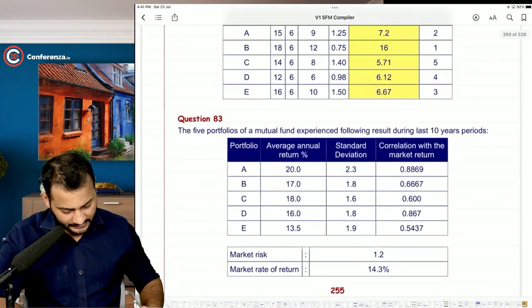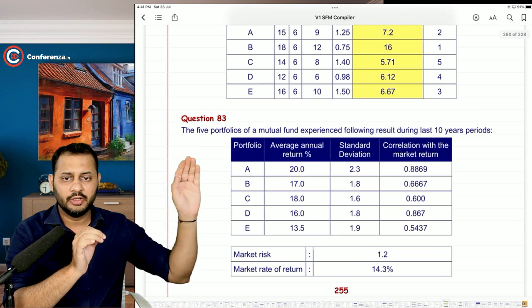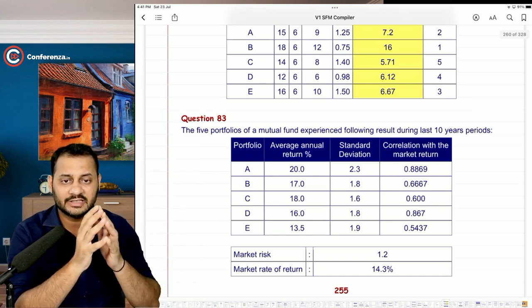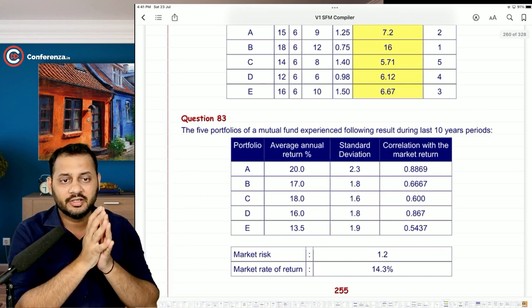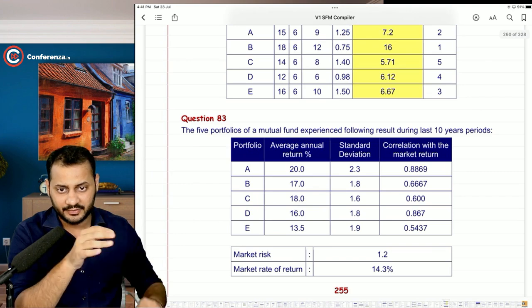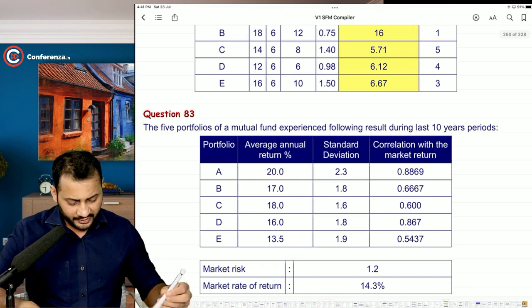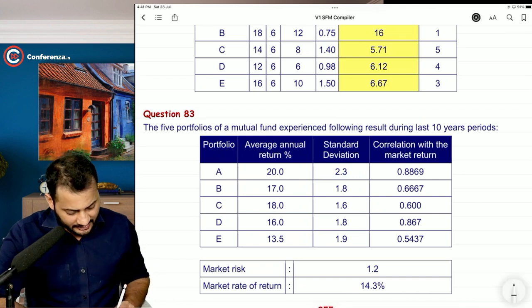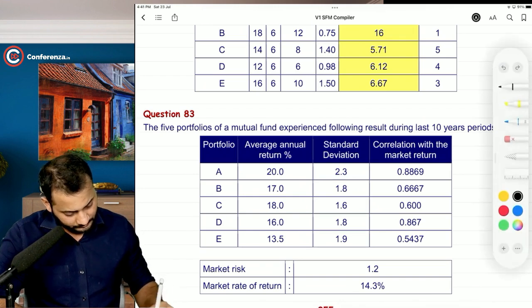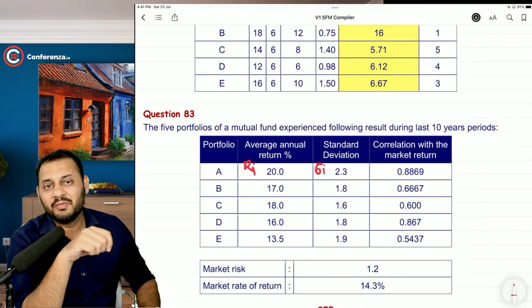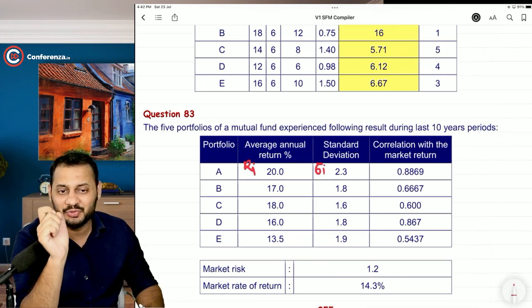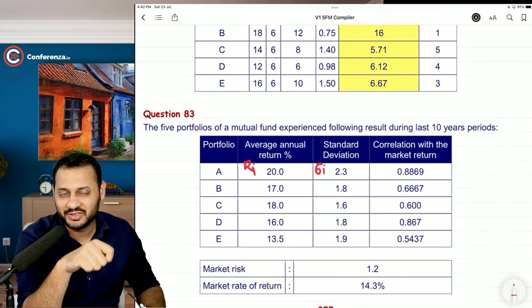Let's go to the second part. The 5 portfolios of a mutual fund experienced the following results during the last 10 year period. Again there are 5 portfolios A, B, C, D, E. Average annual return, that is RI, is given. Then standard deviation is also given. Correlation with the market return is given. Do you know why the correlation is given to us?